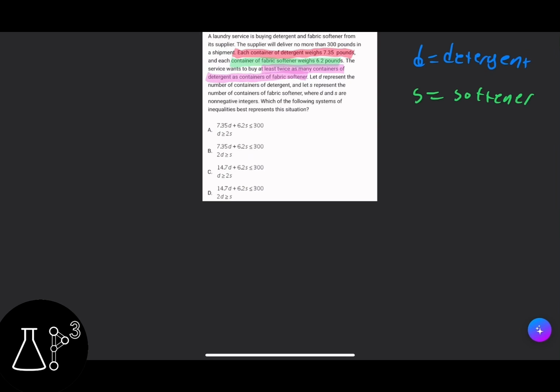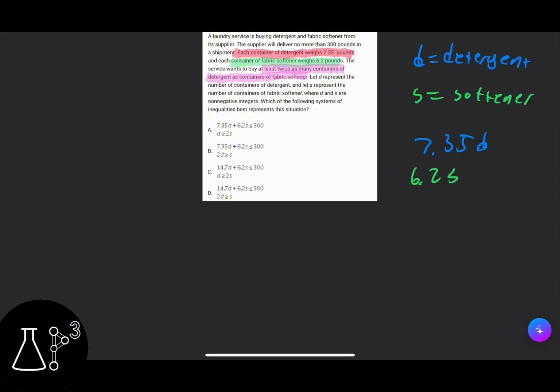It weighs 7.35 pounds per detergent, so D. And then for fabric softener, it weighs 6.2 pounds per container of softener.